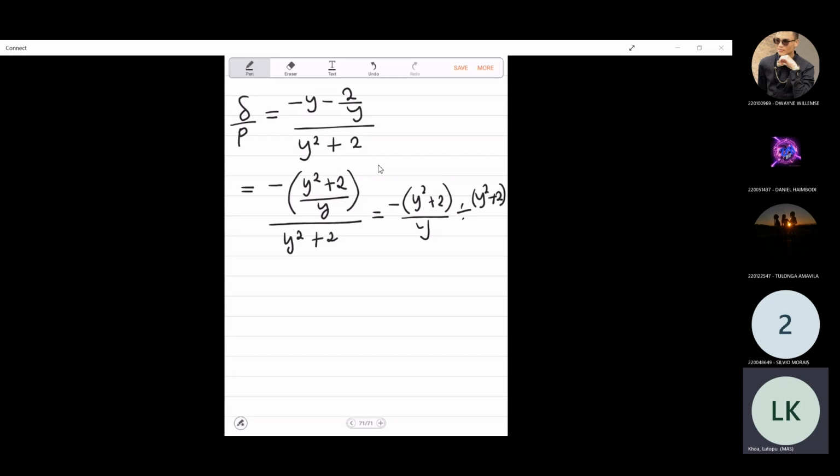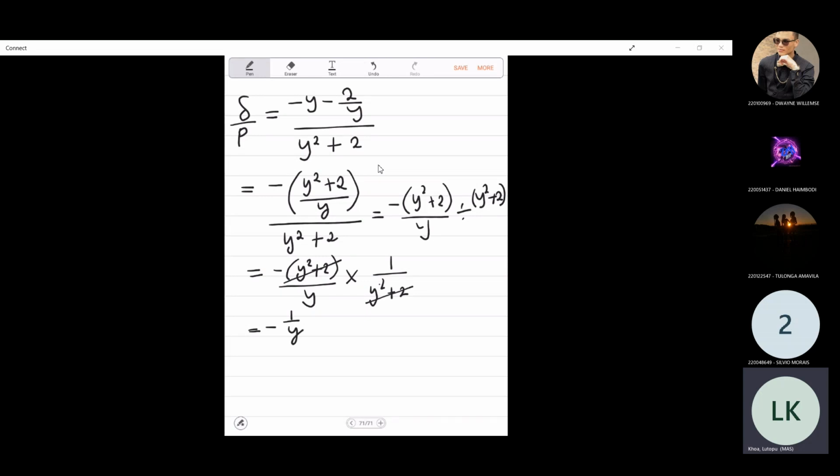Our division will change to multiplication, and then you have the reciprocal. This is negative (y squared plus 2) over y times 1 over (y squared plus 2). You can see that those two cancel. I have negative 1 over y.